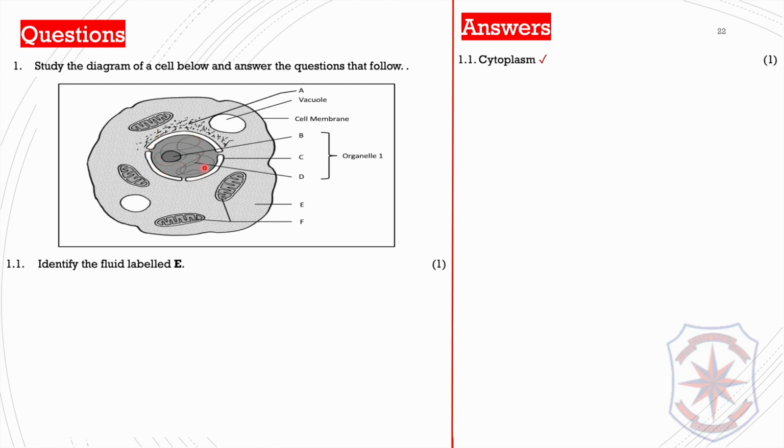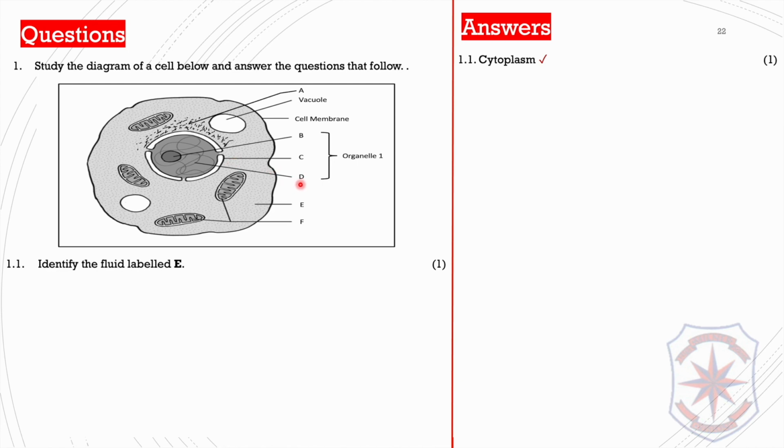Now inside the nucleus, we have this pigmented dot that we see over there. So B, for now, I submit that it is the nucleolus. C is surrounding the nucleus, therefore it is the nuclear membrane.